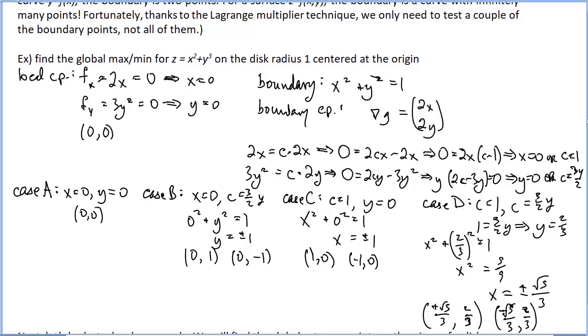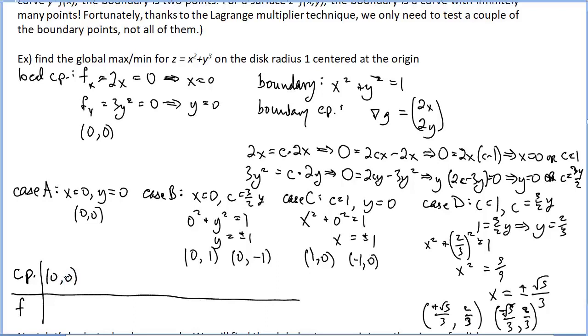So notice that checking the boundary, we get a whole bunch of new possibilities for the critical points. So our local critical point was 0, 0, and then we got 1, 2, 3, 4, 5, 6 new boundary critical points. So those are all the critical points, and we're going to need to plug them into our original function. So let's see what we got.